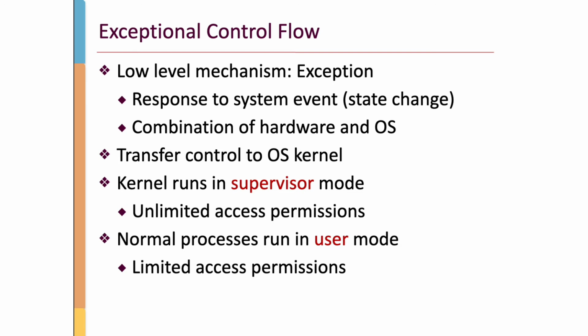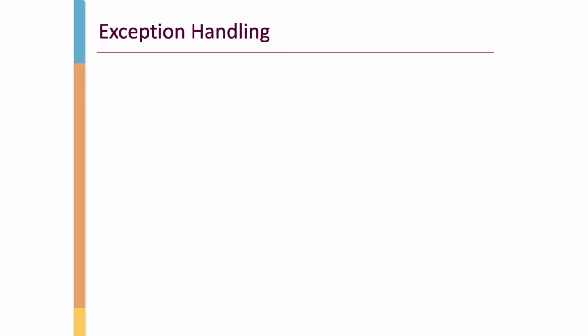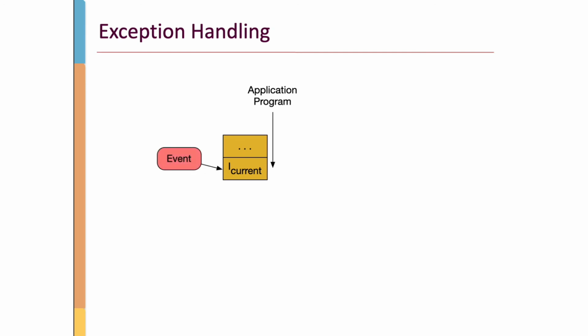Let's consider a simple model of this exceptional control flow and the exception handling associated with it. Here's an illustration of our application program again, cooking along, executing instructions, and at some point in the execution flow, we'll just call this current. So this is during the process of executing some assembly language instruction, some external event or exception takes place.